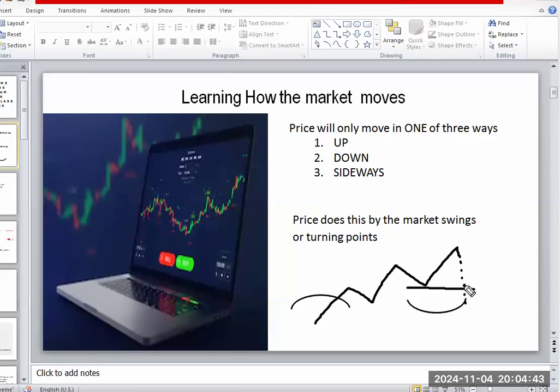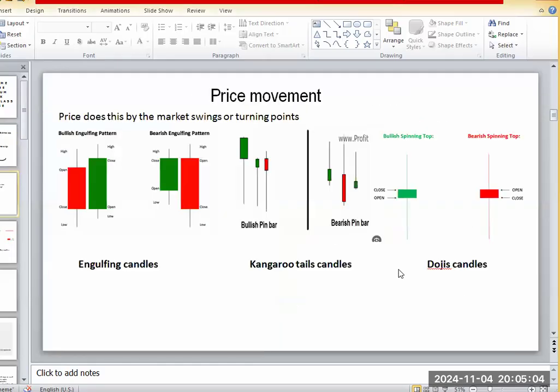Now, in determining these as well, we want to be able to know what caused the last push up. So if I go through it quickly now, from our last slides, we talked about bullish engulfing candles, kangaroo tails, and dojis, right?